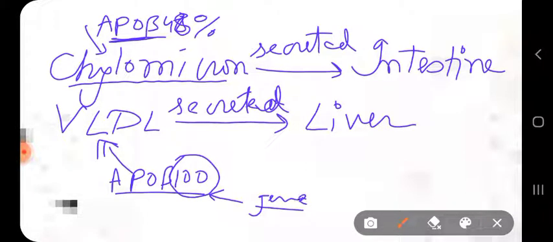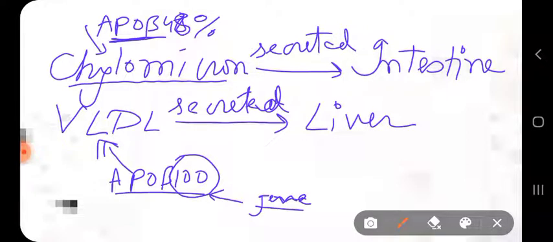The whole gene has been transcribed and translated to form that protein, whereas apolipoprotein B48 means 48% of the gene has been used to make this protein. Now the main query of ours is why this kind of difference occurs in the apolipoprotein B expression in the liver and in the intestine.